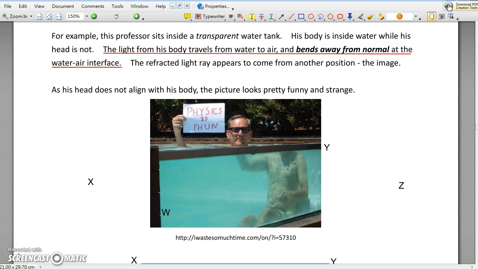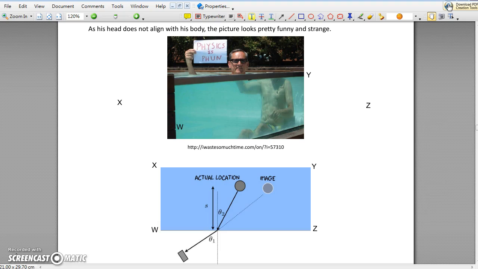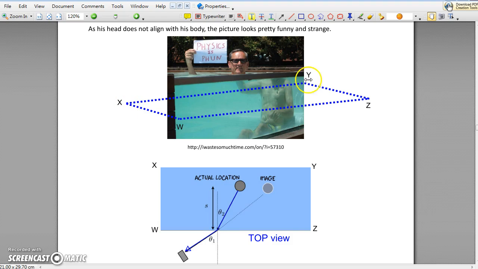And this can be important if we want to explain the following picture. The picture looks funny because the body of this man moves to the right. But why? Let's draw a ray diagram and explain what happened. Now we draw a ray diagram of this level, that is W, X, Y, Z. You can see this light ray that comes from his body, which refracts and bends away from normal.